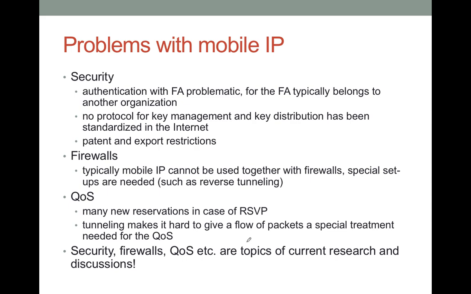So maybe if you are in network A, you can access the critical data. But when you are in network B, you might be a foreign device, not an authorized device or person to access certain data. So this is what is called security.